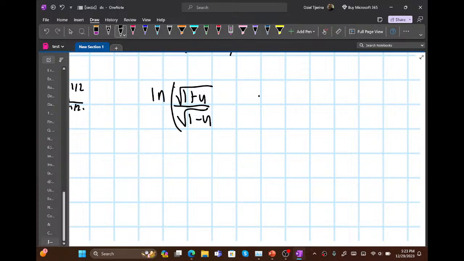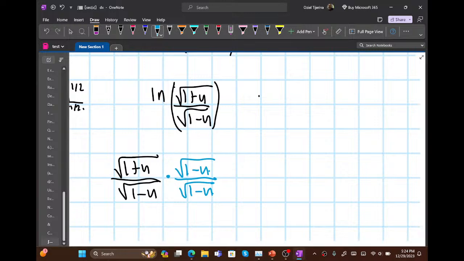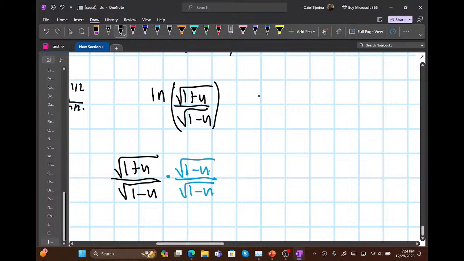Because what I'm going to say is that the square root of 1 plus u over the square root of 1 minus u, I'm going to multiply the top and the bottom by the square root of 1 minus u. And so this is going to give me the square root of 1 minus u squared over 1 minus u.